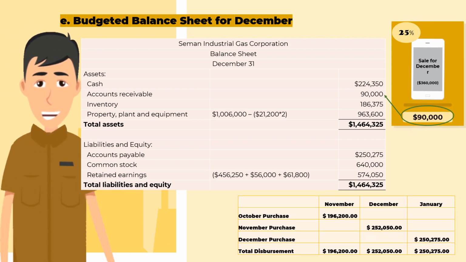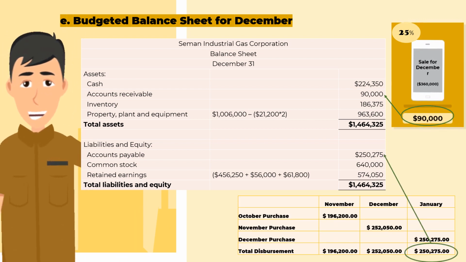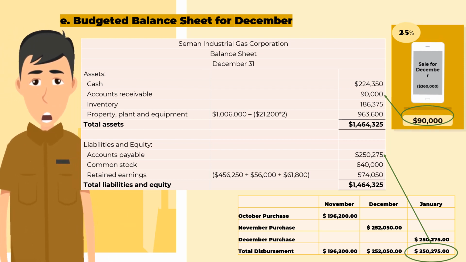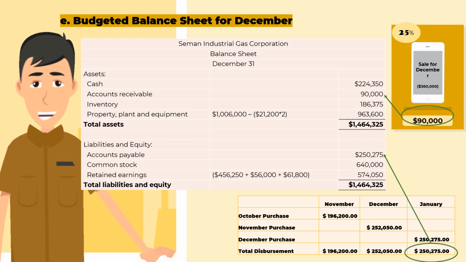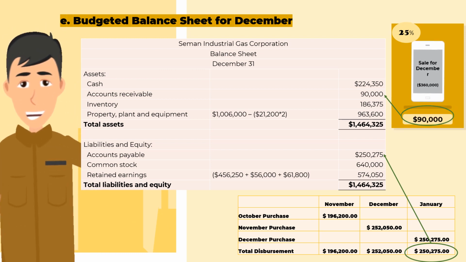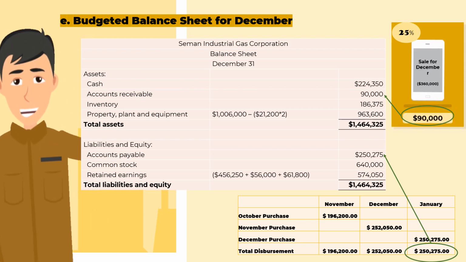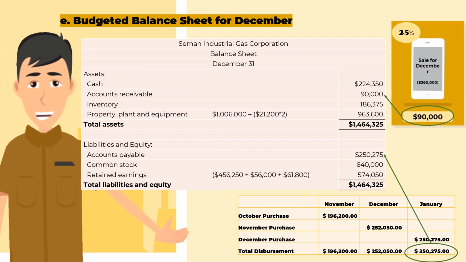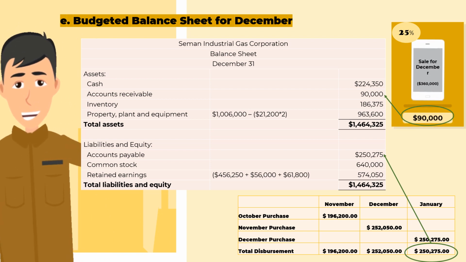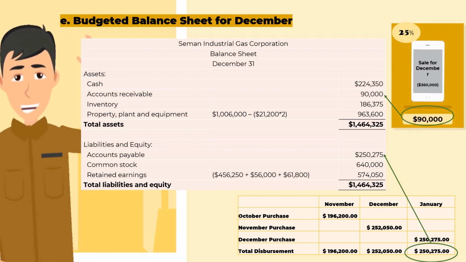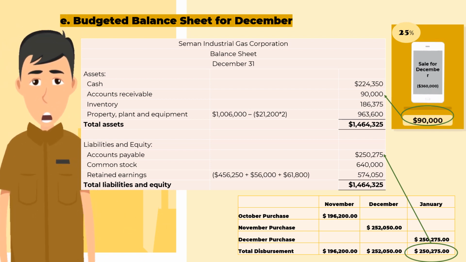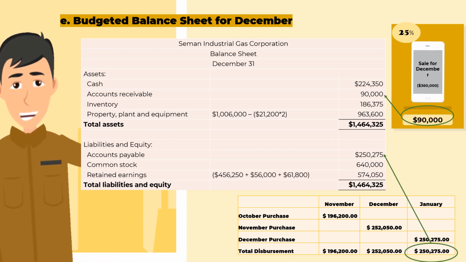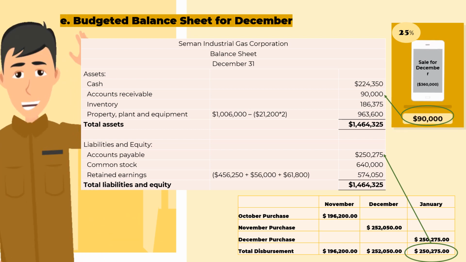Okay, accounts payable we get from the total disbursement for January, which is $250,275. The common stock is from creation, $640,000. And retained earnings, the total retained earnings from recursion, which is $456,250, plus the net income for November, which is $56,000, plus the net income for December, which is $61,800.